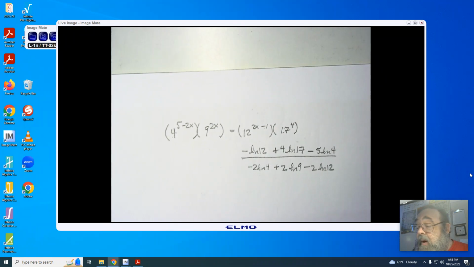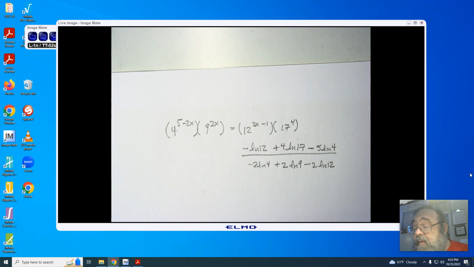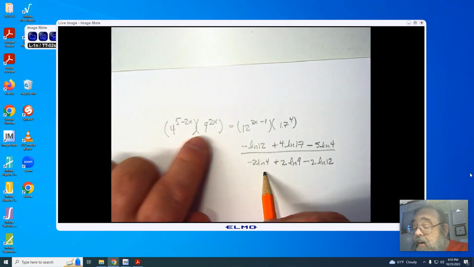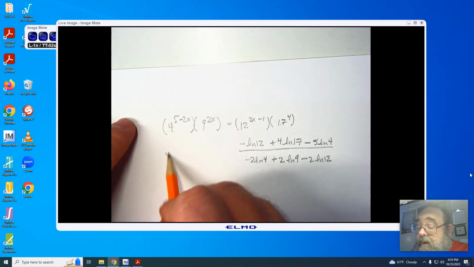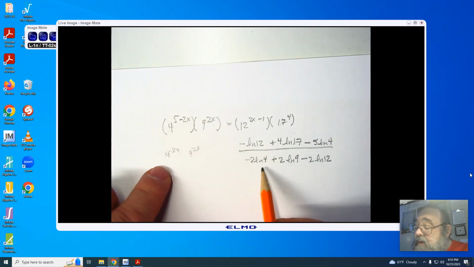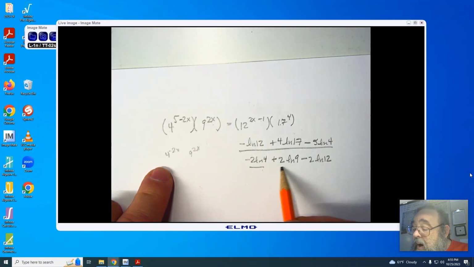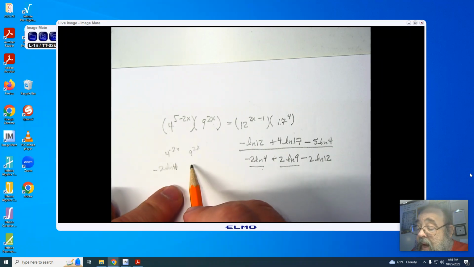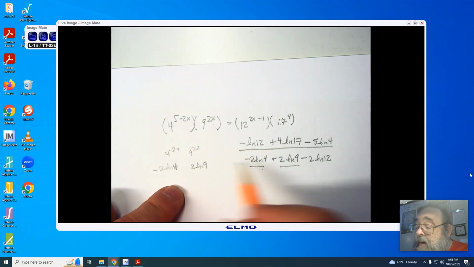Now notice it went very quickly. We just had to watch where everything went. When I have an x, that's going to be in the denominator. So this 4 to the negative 2x and 9 to the 2x are sitting in the denominator here and here. 2 ln of 4, it's a negative, and 2 ln of 9.